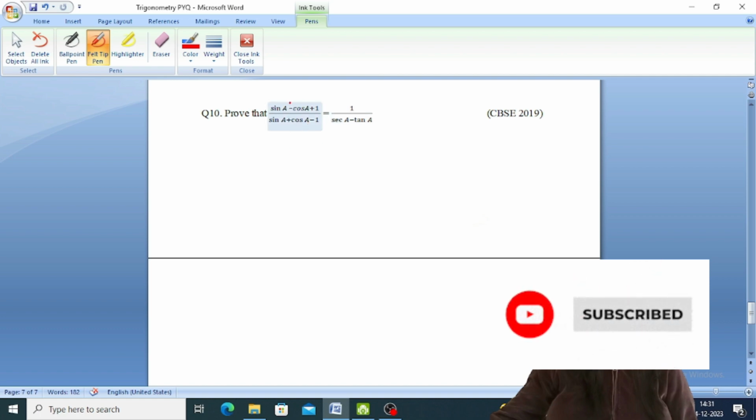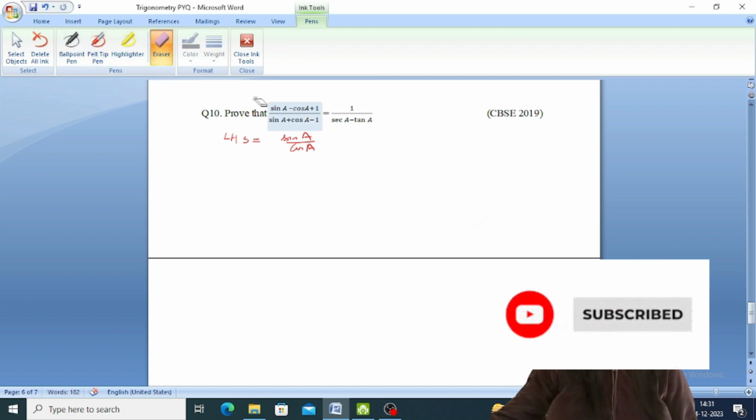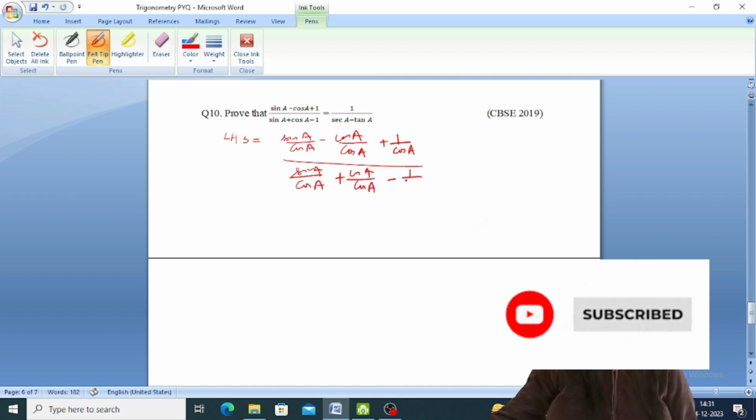So to get this left side in terms of secant and tan, I am dividing the numerator and denominator of LHS by cos A. So it will be sine A upon cos A minus cos A upon cos A plus 1 upon cos A, upon sine A upon cos A plus cos A upon cos A minus 1 upon cos A.